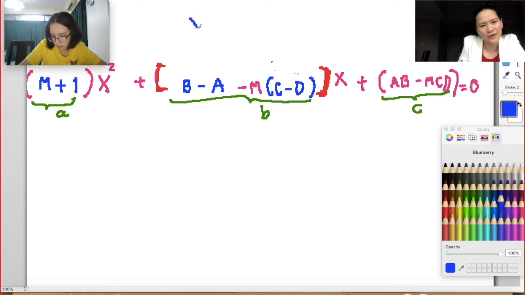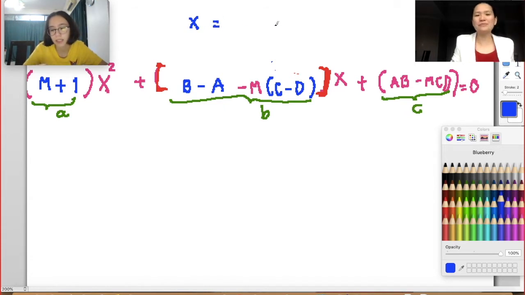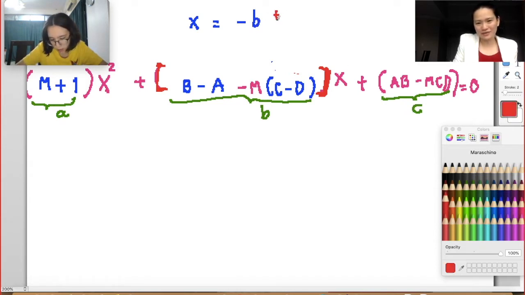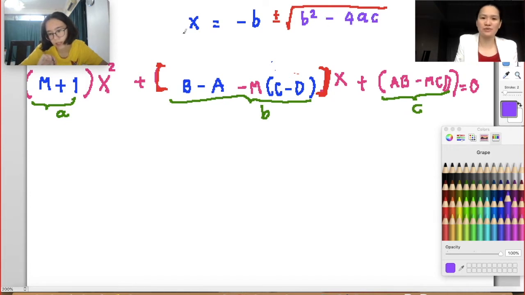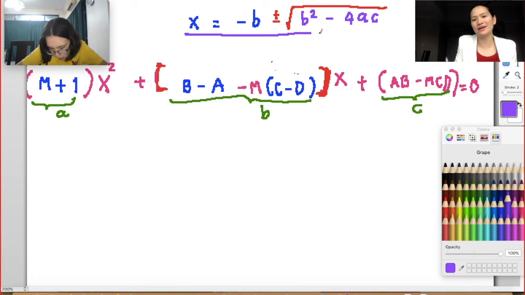You remember it or not? X equals negative b, plus or minus square root of b squared minus 4ac, and you need to remember to divide it by 2a.